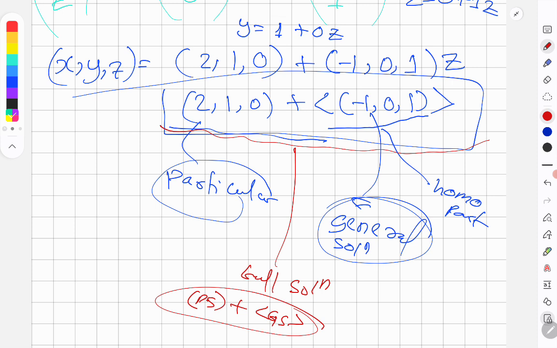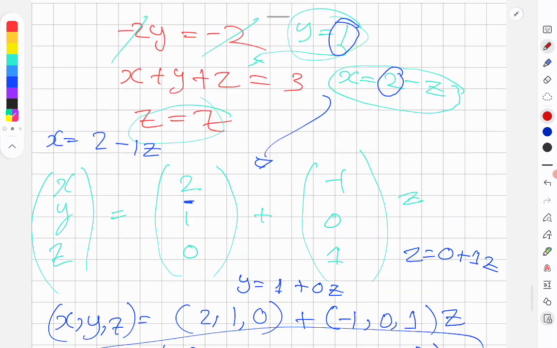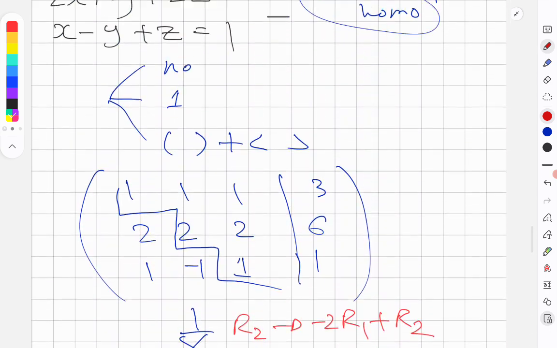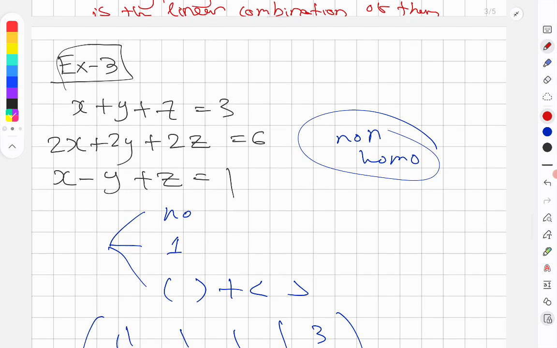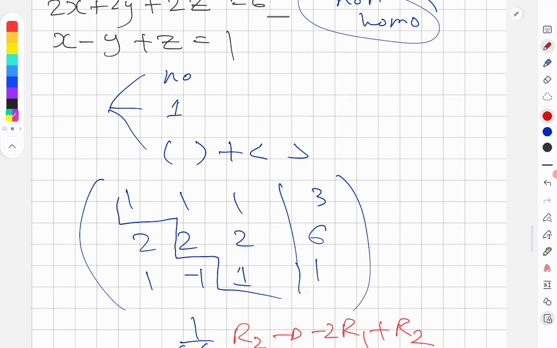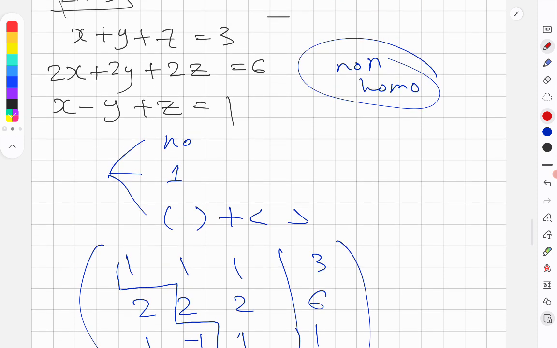So the steps that we do work even for finding the homogeneous part. As I say, if you take all this constant term 0 0 0, this 3 will be 0, right? How can we do that? We can just multiply -2 to here to make this one 0.